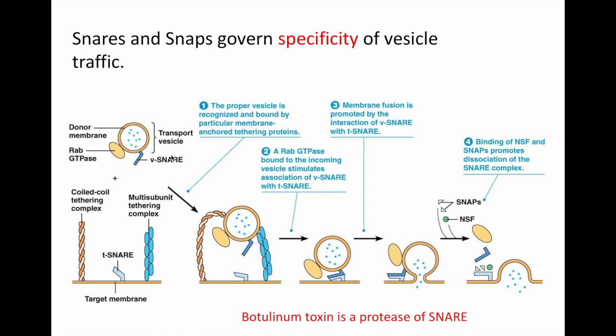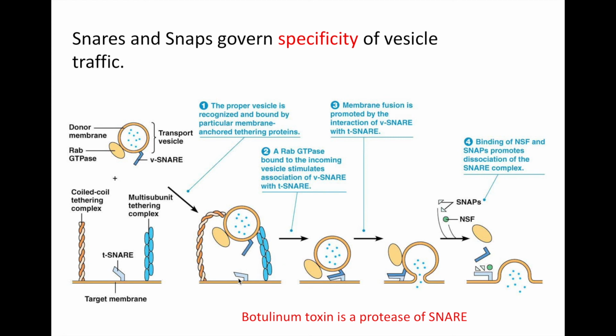So here you have a V snare, and it's compatible with another receiving protein that is another part of this snare snap system.